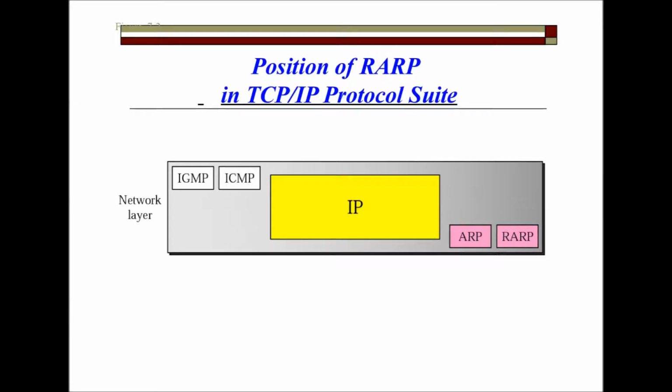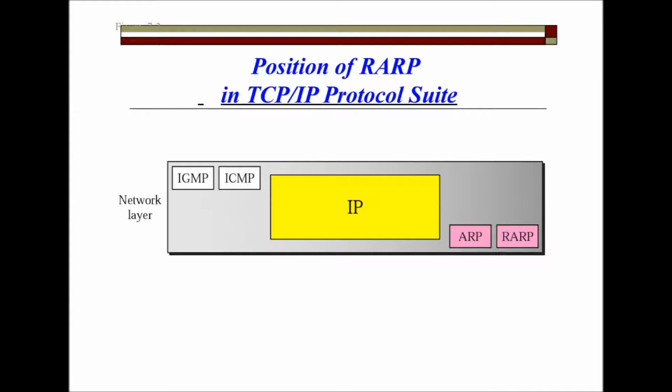Position of Reverse Address Resolution Protocol in the TCP/IP protocol suite. The TCP/IP protocol suite contains different kinds of protocols, and the protocols are deployed on a logical model, which is the OSI reference model.